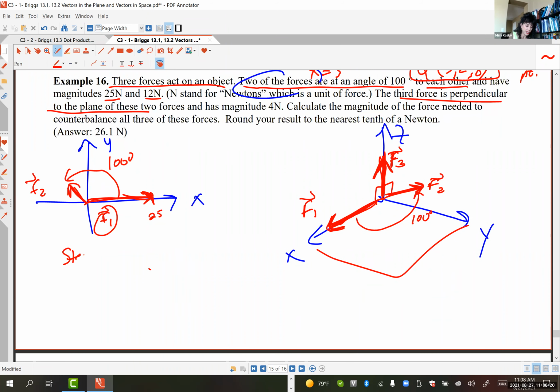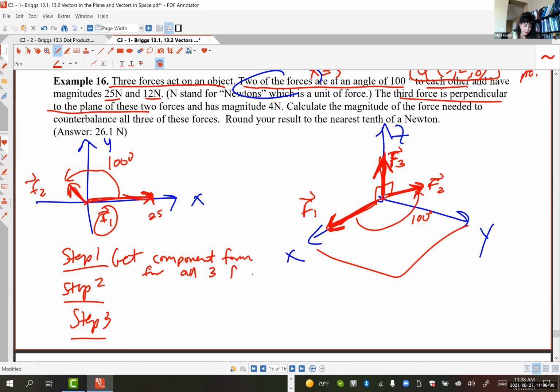So here, I'm going to tell you my strategy in 3 steps, and then we'll do the 3 steps in order. Step 1, get the component form for all 3 forces. Step 2, get the resultant vector. What's that?